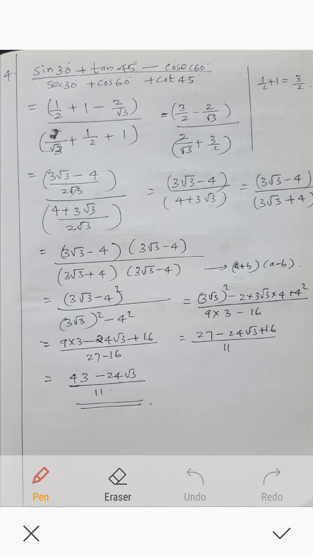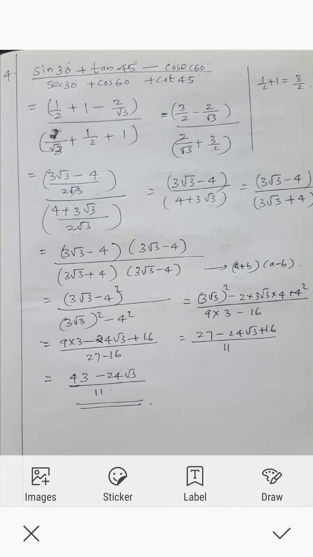Now this is the actual answer, but the denominator is an irrational number. So for rationalizing, multiply both the numerator and denominator by the conjugate of the denominator. So it will be (3 root 3 minus 4) divided by (3 root 3 plus 4) into (3 root 3 minus 4). Both the numerator and denominator you multiply by 3 root 3 minus 4.